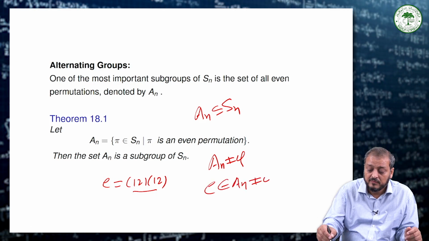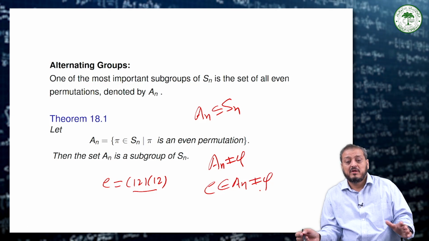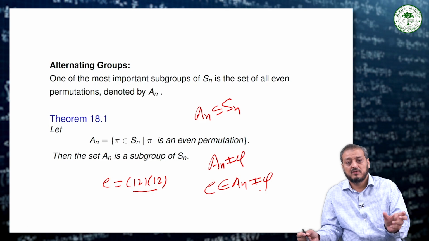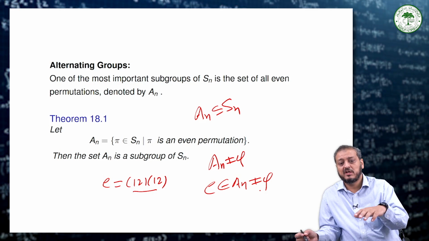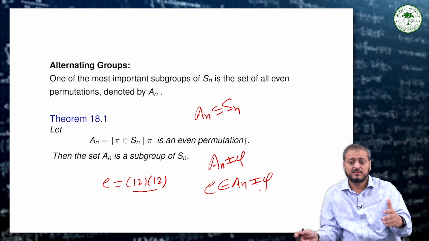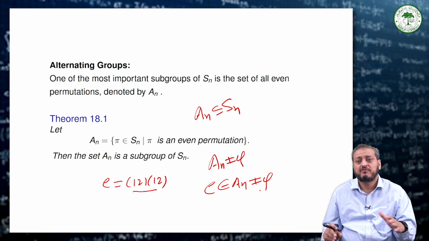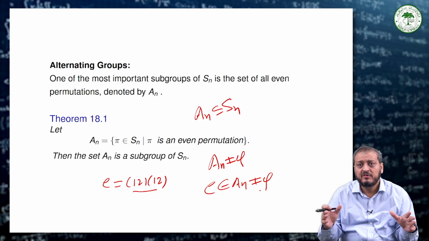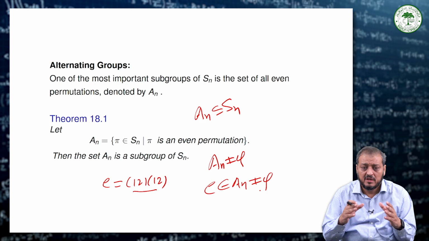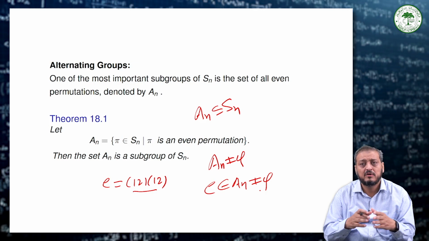This means An is non-empty. Now, we have to show that the composition of even permutations again belongs to An, and also that the inverse of such a permutation belongs to An.